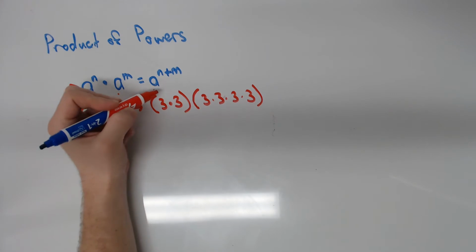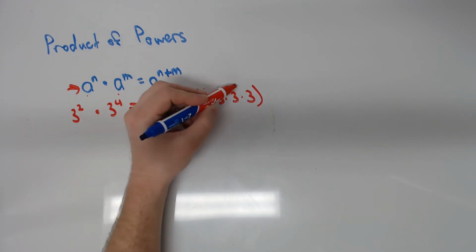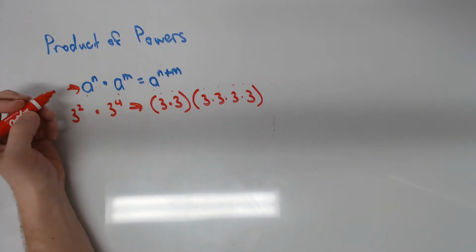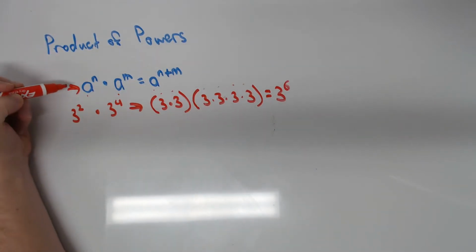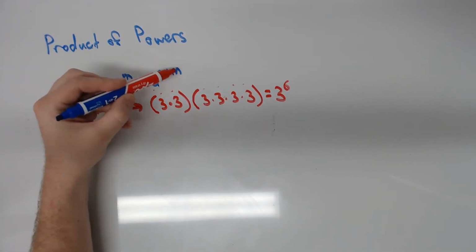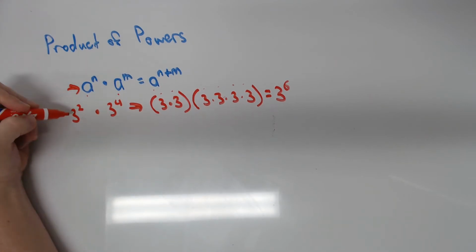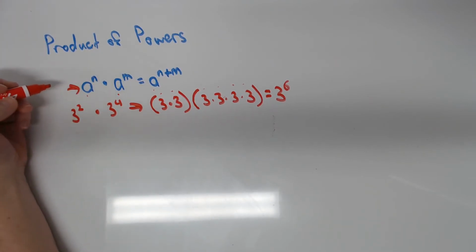Now, how many times am I multiplying 3 together? 6. 2 plus 4 is 6. So that's why this property says to add the exponents. We total up how many 3's are getting multiplied together.